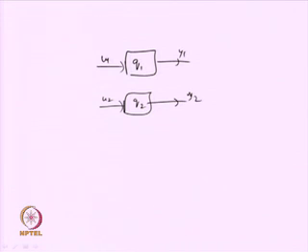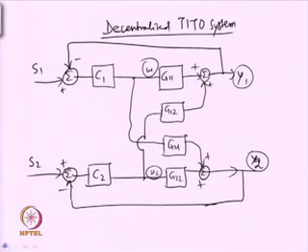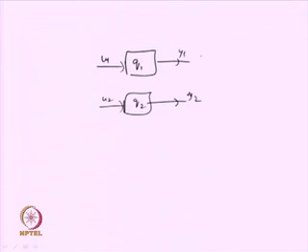So, the whole dynamics, the closed loop system I have shown here, can equivalently be represented in this form. And if that is possible, in that case what happens?